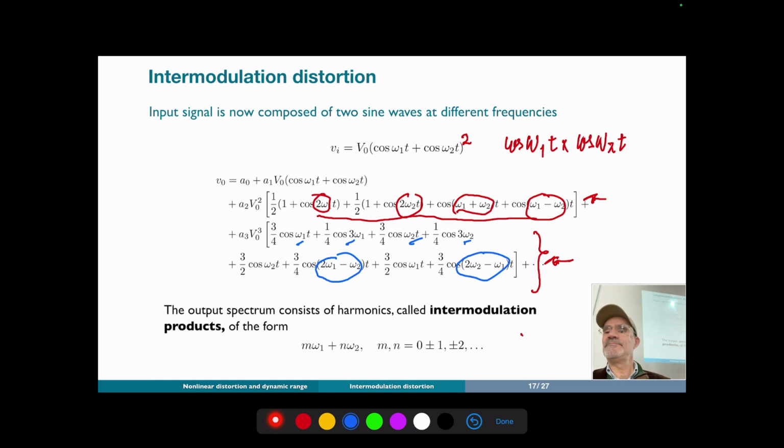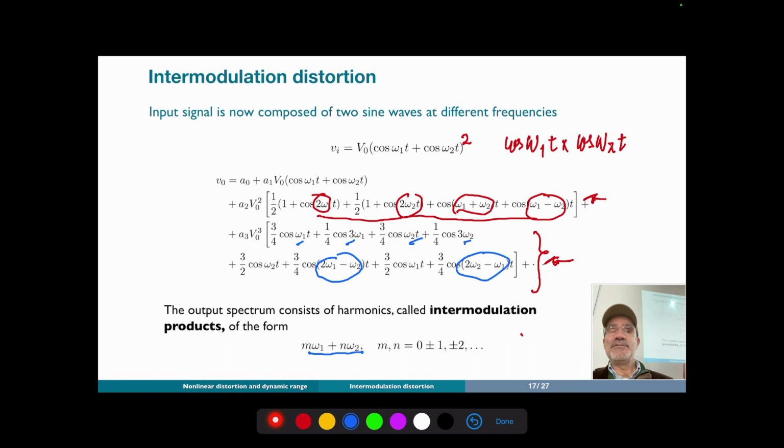Okay? And so the output spectrum consists of harmonics called intermodulation products of the form m times omega 1 plus n times omega 2, where n can be a positive or negative number. Okay.